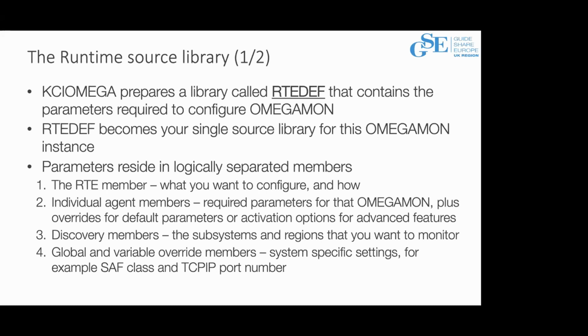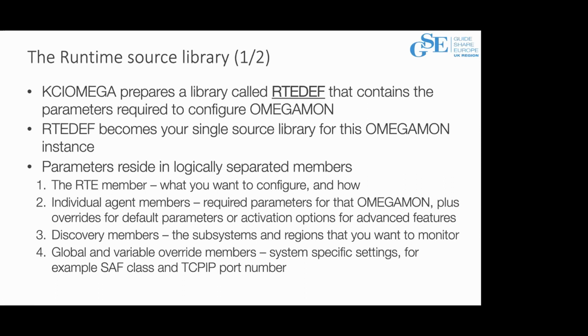If you make a change to one of the parameters or agents, you just rerun the generate job. That action updates the OMEGAMON environment that supports that parameter, and it'll update the runtime library members as well.